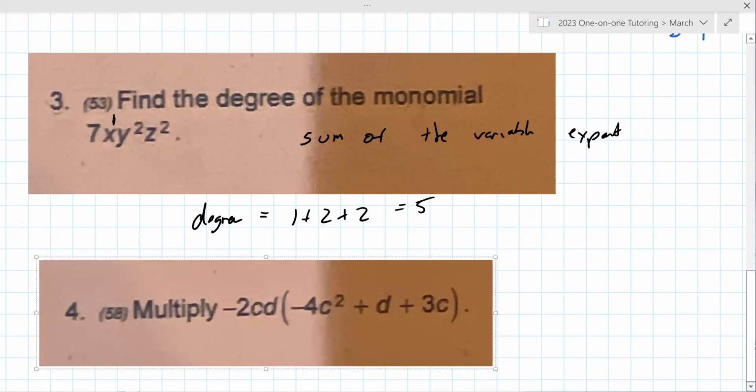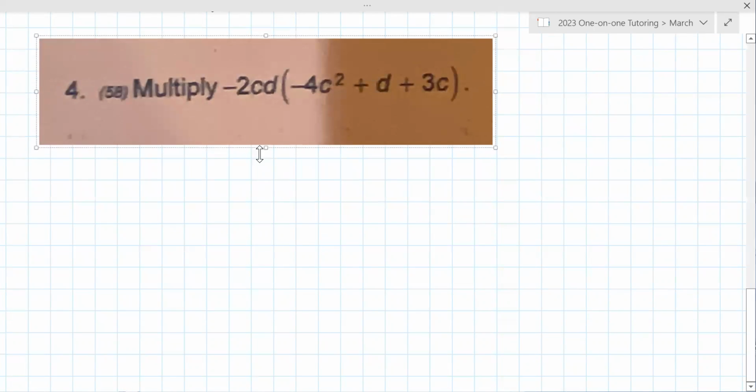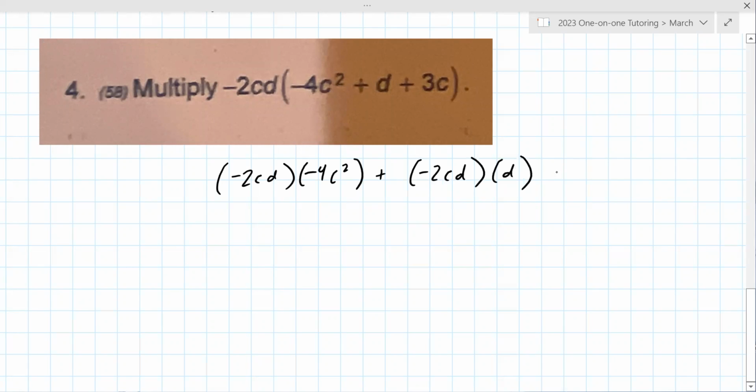Okay, multiply this. So it's minus 2CD times each of these terms inside here. So there's kind of an intermediate step if you want, where you actually write minus 2CD times minus 4C squared, minus 2CD times D, minus 2CD times 3C.